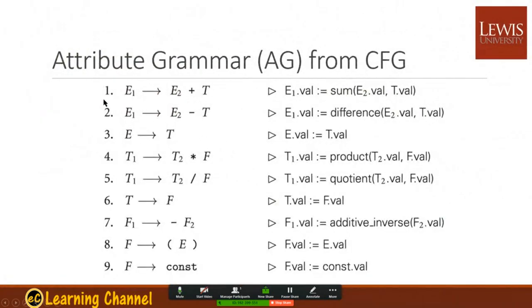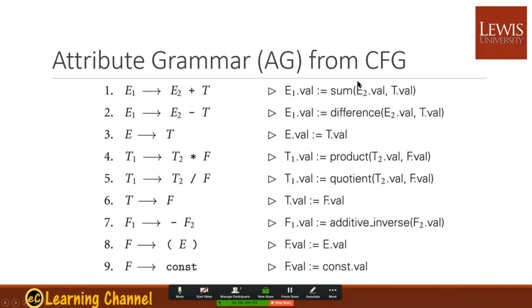So the previous context-free grammar will be decorated with this value. So E1's value equals the sum of E2 and T value. So T's value, as defined here, can be a product of this T2 times the F value, or a quotient of this.